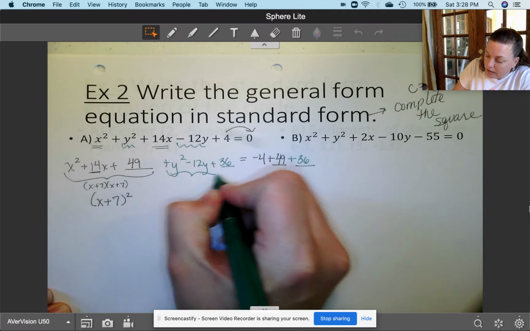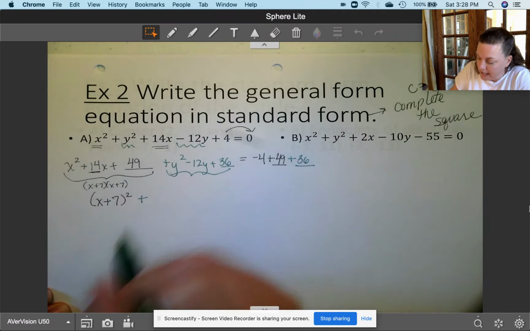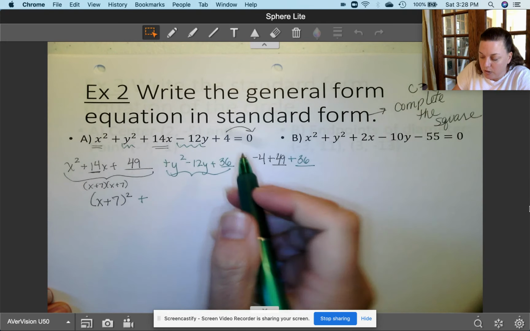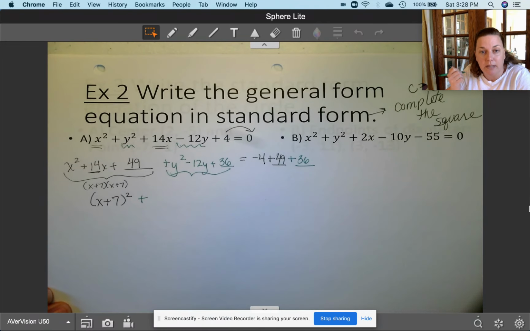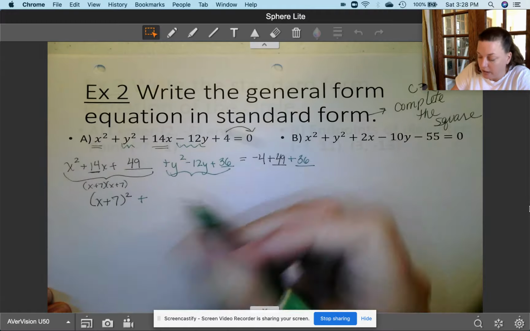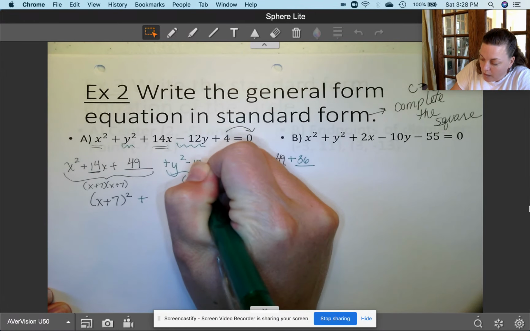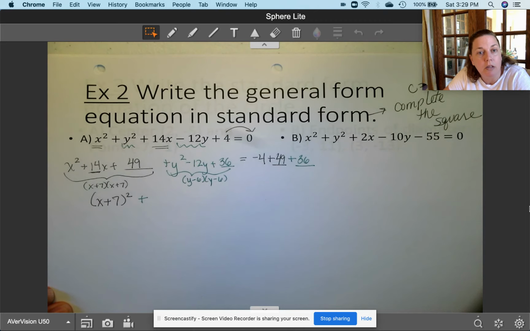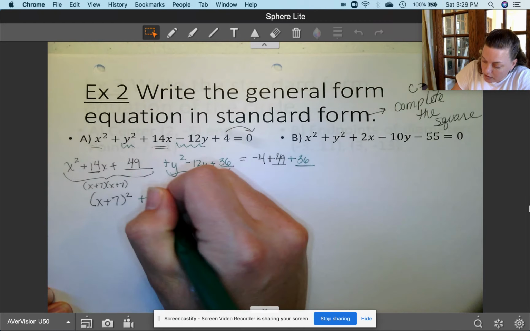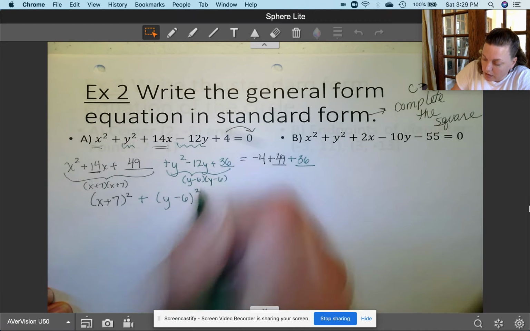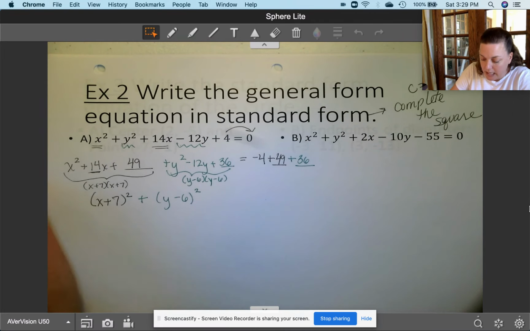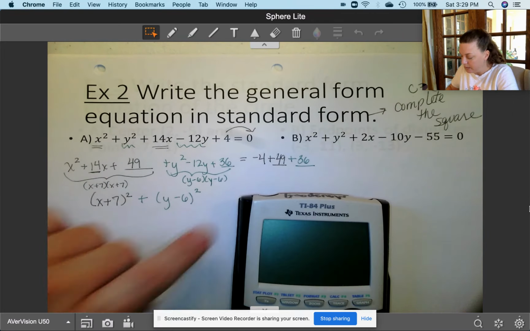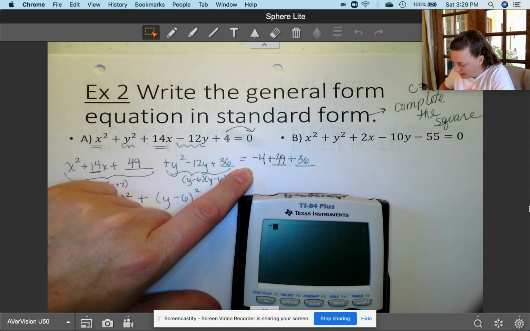In green here, we have this wonderful trinomial with the special 36 that creates this really great thing. y minus 6 times y minus 6 gives us that trinomial when we factor it, or it's just y minus 6 quantity squared. And then I'm going to use my calculator because these numbers are way too big for me to add in my head: negative 4 plus 49 plus 36.